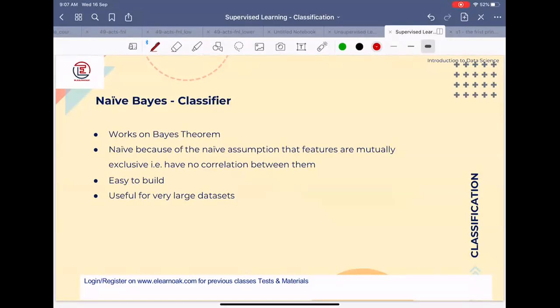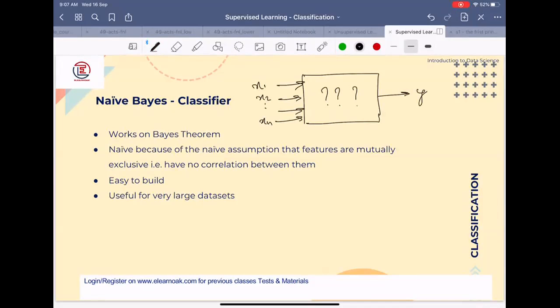If you remember, when we started off, I said machine learning is basically trying to figure out what is inside this box. We have different inputs, x1, x2, xn going into the model, and we have an output coming out of the model. All the different machine learning algorithms are trying to figure out how I can represent this system.